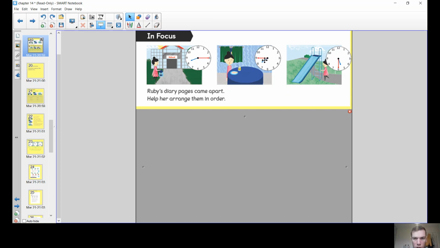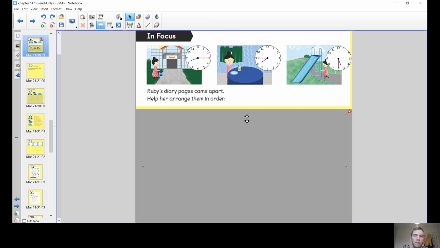So I know it's quarter to 8, and it's nearly at the 8. There we go, quarter to 8. I know this final clock is pointing halfway in between the 5 and the 6, and my minute hand is pointing halfway around the clock, so it is 5:30. So I've got quarter past 8, quarter to 8, and 5:30.